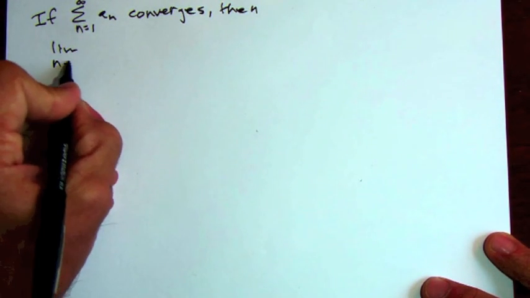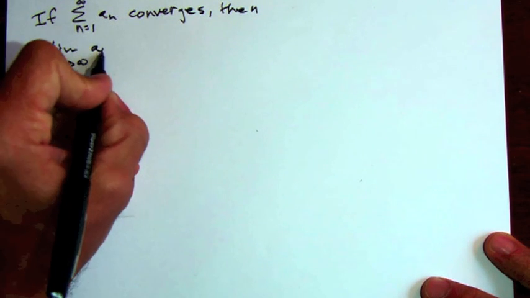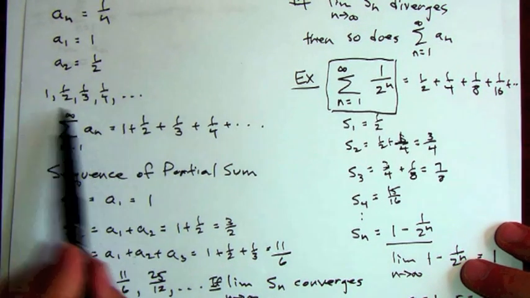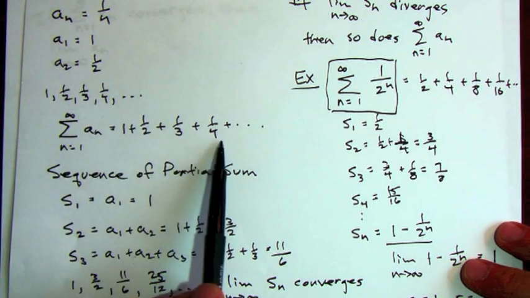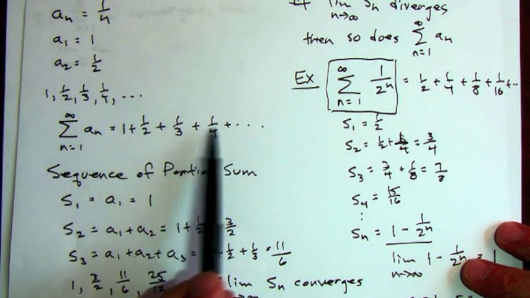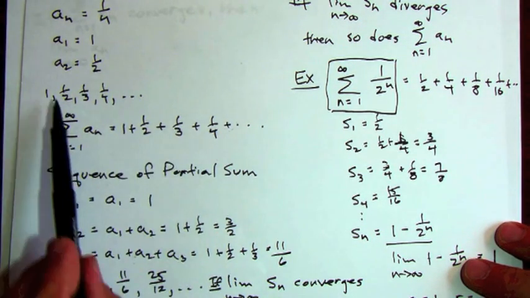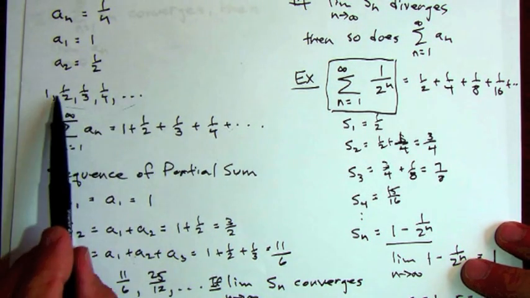if I take the sequence, those terms of this, let's come back and look at an example. So here, this is the series. We're adding the terms up. And what this theorem is saying is if this converges, then what can we say about the sequence?